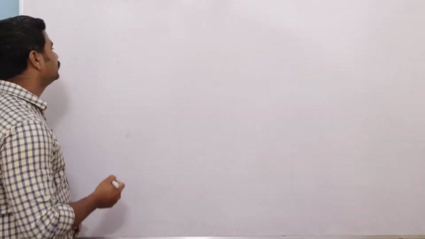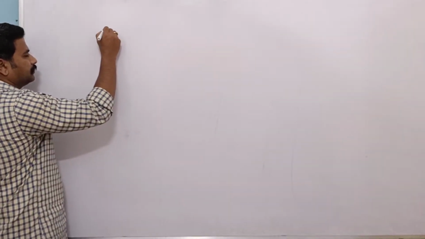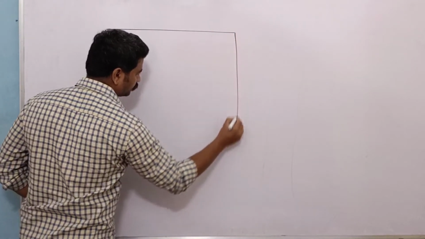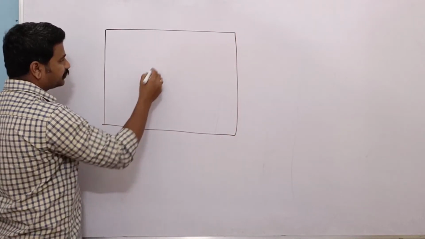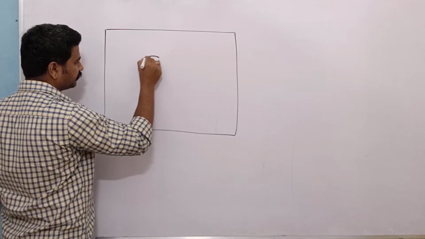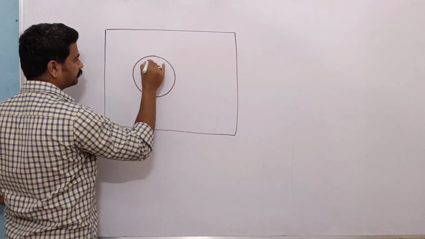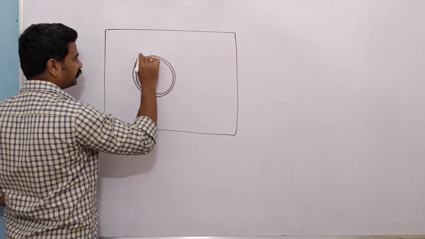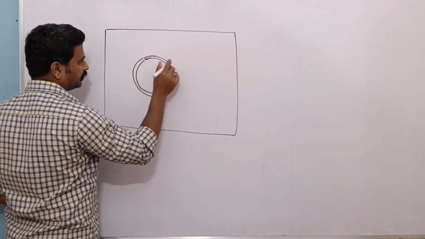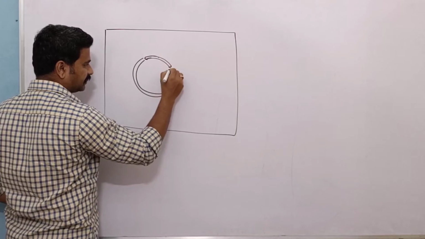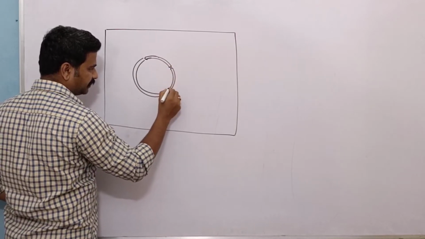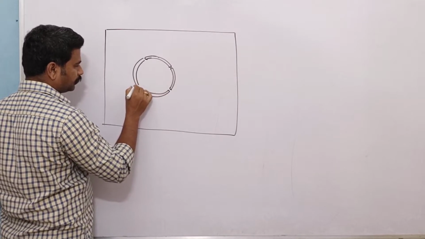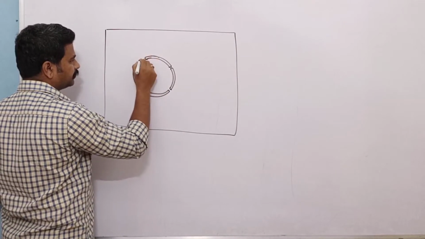As we have already learned in the last lecture, inside the cell, attached to the outer nuclear membrane, this is the inner nuclear membrane, and this one is the outer nuclear membrane, and they are separated by the perinuclear space.